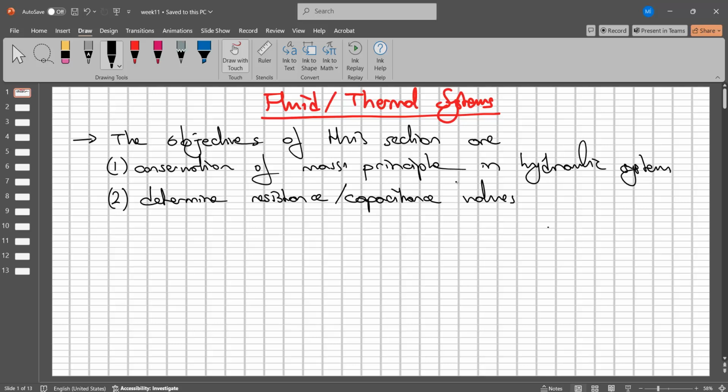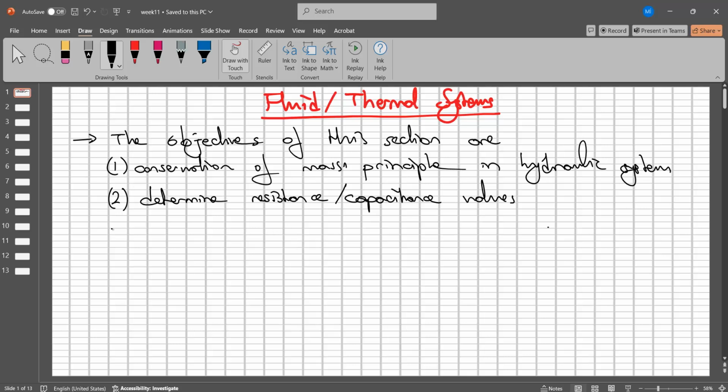To derive your equation of motion, right? And so we will derive the resistance and capacitance value for modeling our hydraulic systems, okay? Because we know that if we have the hydraulic system, we need to add the resistance and capacitance and what? The fluid or the mass in order to build our dynamic equations.